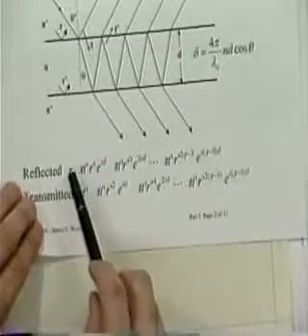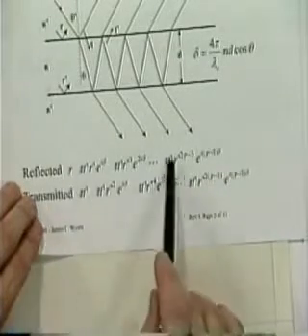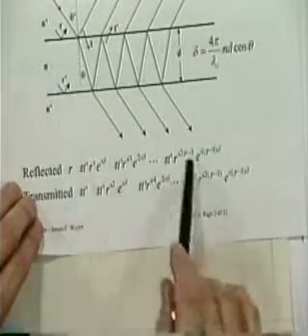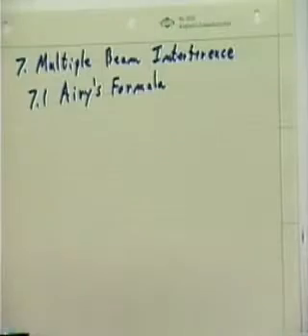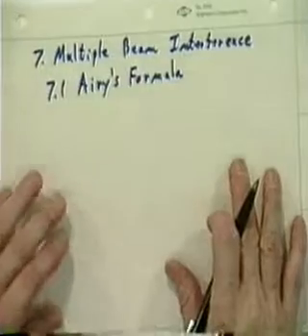So adding up all these things right here, I guess maybe I have to rewrite this, so we have to do a little work here. We don't have too much time, but we can get started on this.